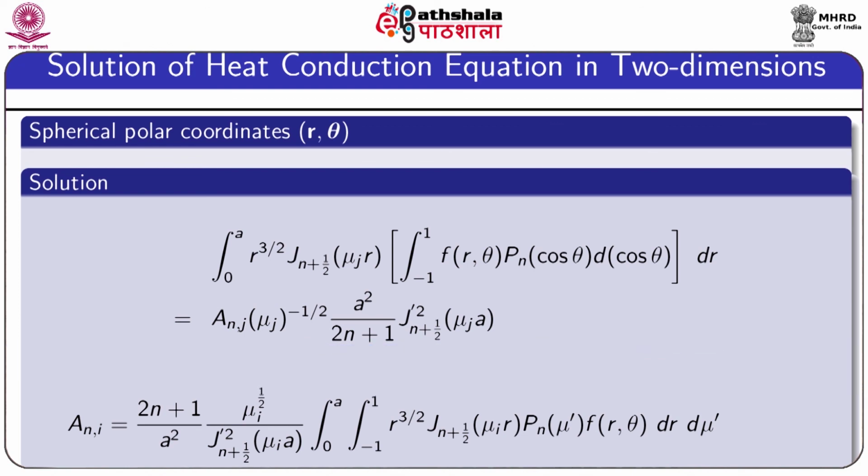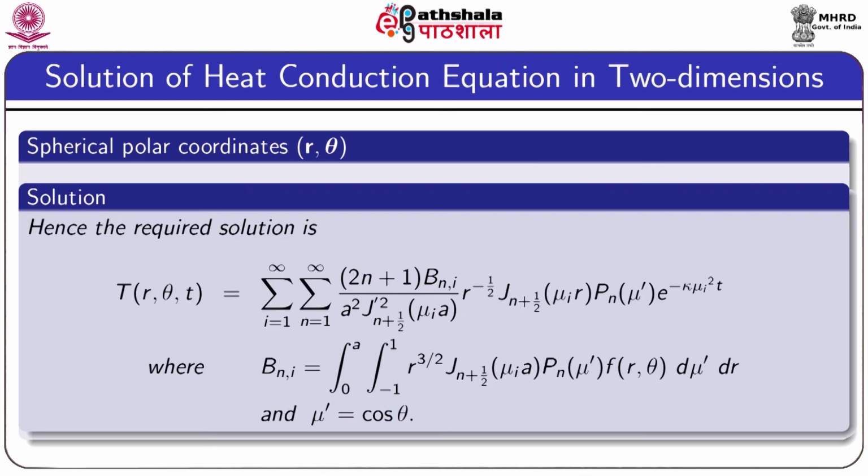Now using the orthogonality property of Bessel function and Legendre function, we obtain the relation which is written in the first equation. And from this equation, we can easily get the values of a_ni, which is written in the last equation.